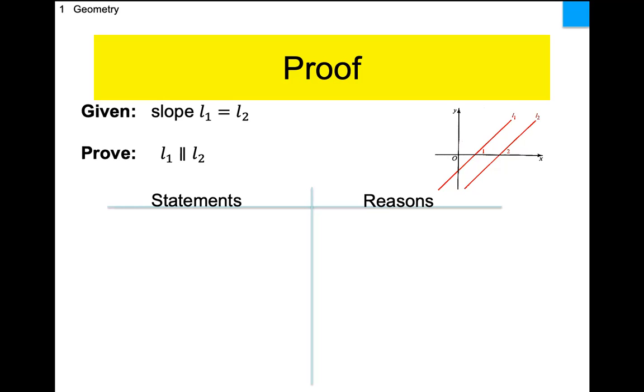So the way that they choose to prove it is, well, coordinate geometry. They take two lines and they place those two lines on the coordinate plane, and somehow that mere act of placing those two lines on the coordinate plane allows us to do the proof, and that's what this one's about. All right, so we're given two lines, L1, L2. We're told that they have the same slope.